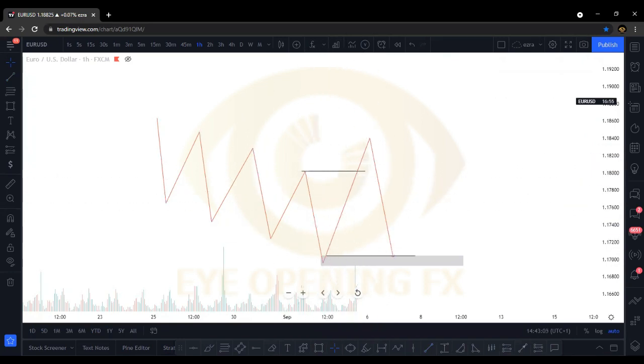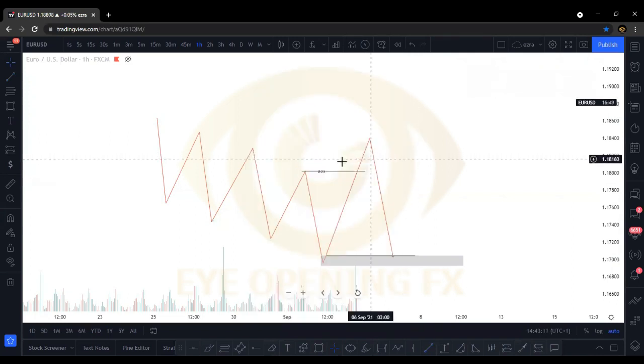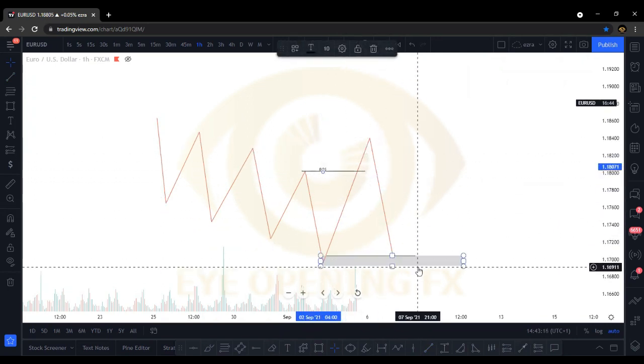So the market has now given us a break of structure to the upside. Now you're expecting the market to retrace as a corrective wave. Since we are in an uptrend, you're expecting the market to retrace down.